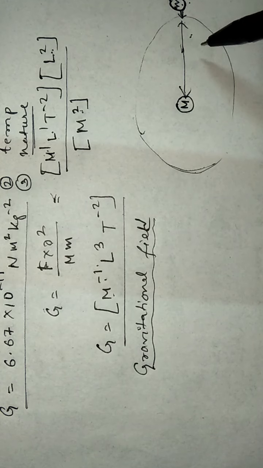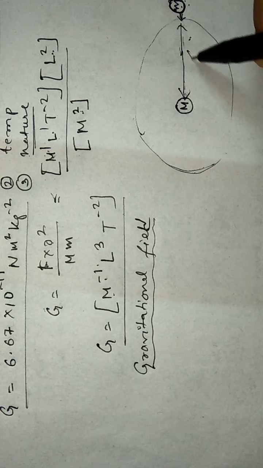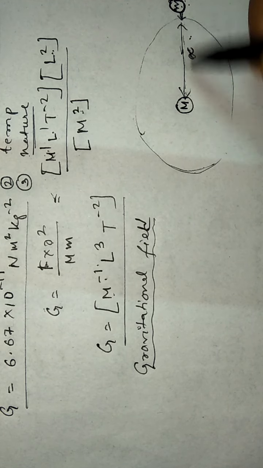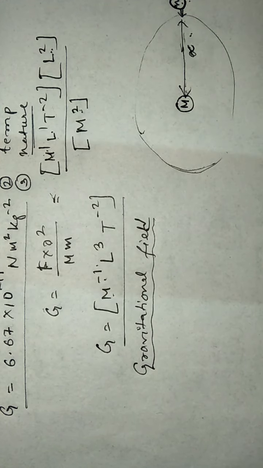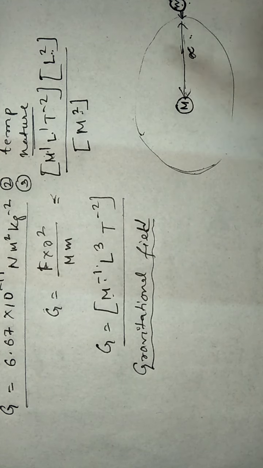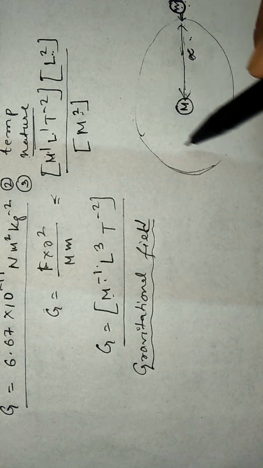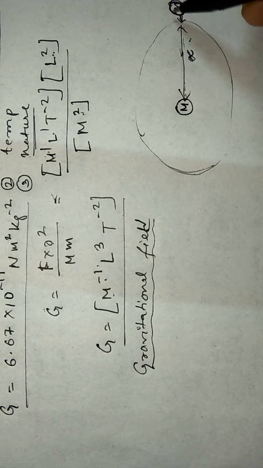Theoretically, this field around the mass extends up to infinity. So the distance of this gravitational field is around infinity. But in practice, it is limited to a small distance. So again, let me tell you what is gravitational field. Gravitational field is a space around a body in which another body having some mass will experience a gravitational force of attraction.